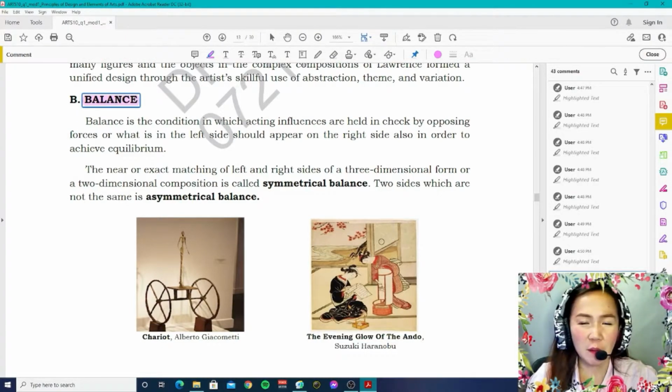Okay. Now, we have two kinds of balance. We have symmetrical balance and asymmetrical balance. So, what are those?